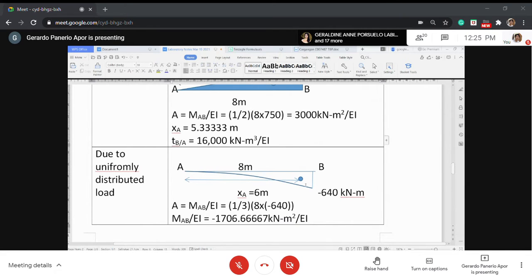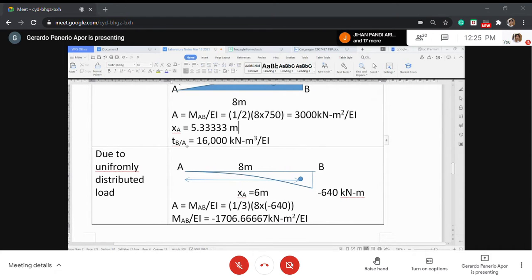So this is a spandrel of a parabola. Now the area is simply 1/3 base times height. The base is 8 meters, the height is negative 640, so I got negative 1706.67 over EI.